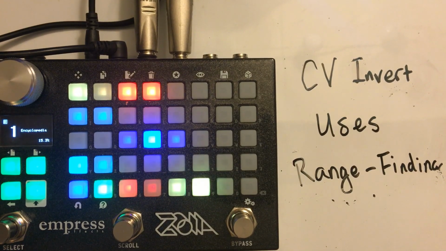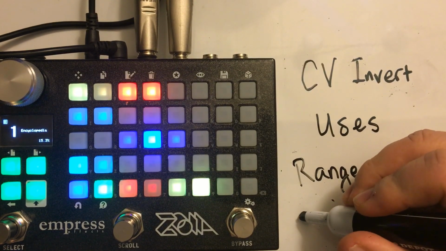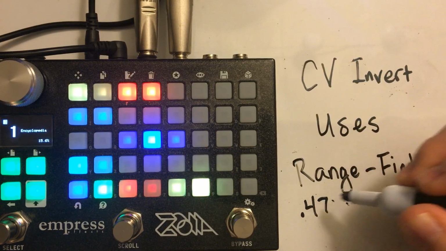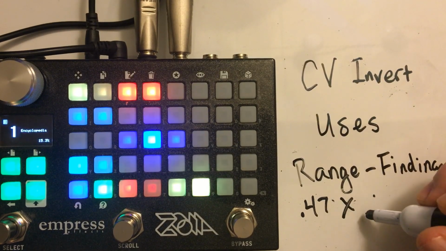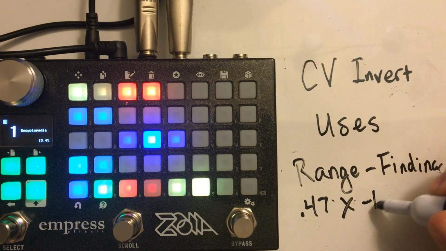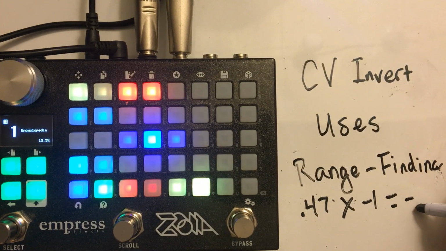And what we're doing here again is if our value is 0.47, we're multiplying it by -1, we get -0.47. Pretty simple stuff.